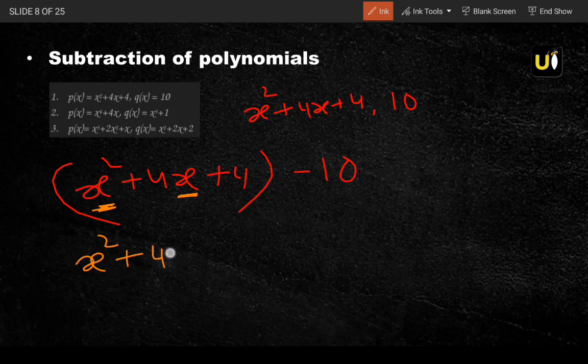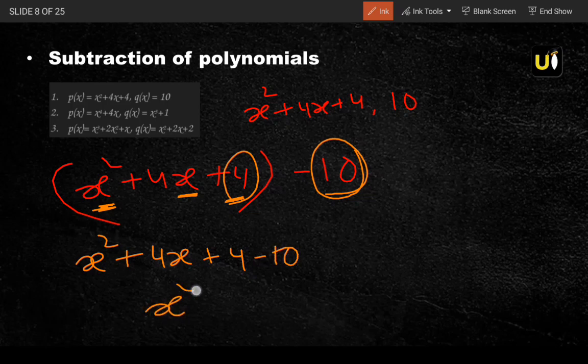No subtraction is performed. And the last term is a constant term. Here we are having a constant term, and here also we are having a constant term. So 4 minus 10, that is x square plus 4x minus 6. 10 minus 4 is 6, and 4 minus 10 is given, so minus 6. This is how we subtract polynomials.